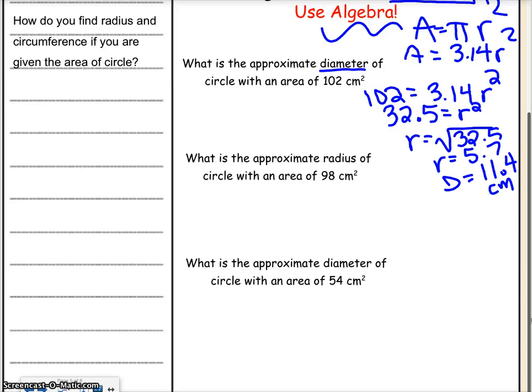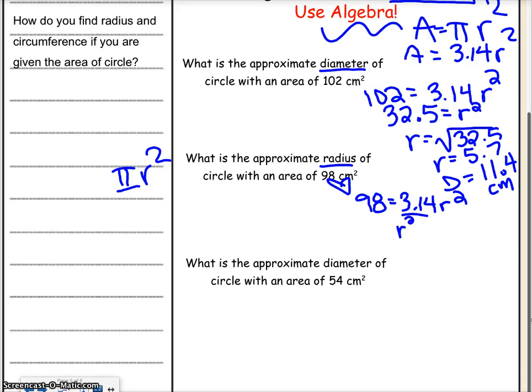What's the approximate radius of a circle that has an area of 98? So I'm plugging in what I know. 98 equals 3.14 times the radius squared. That's just using pi r squared. And I said pi is 3.14. Now I'm going to divide by 3.14. And that is 31.2.